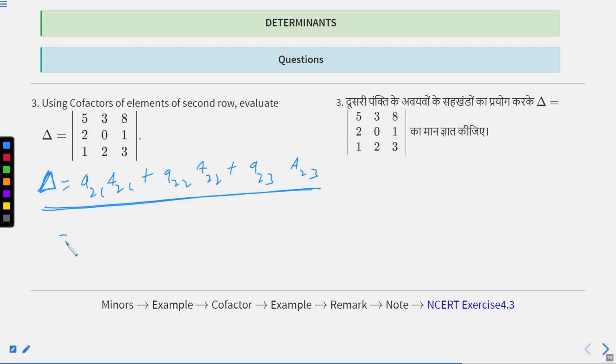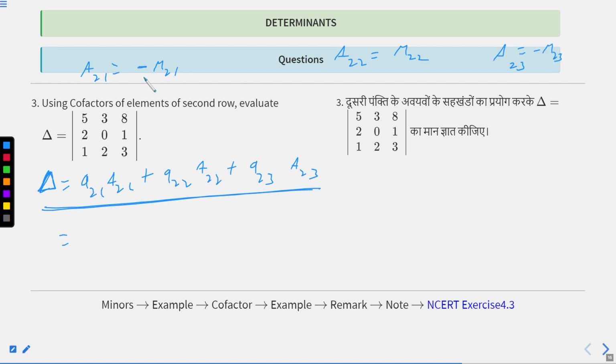Okay, now first of all find A21, which will be minus of M21. As you can see, the sum will be odd, meaning minus sign, and M21. A22 means sum will be even, so just plus, so M22, and A23 will be what? Minus of M23.